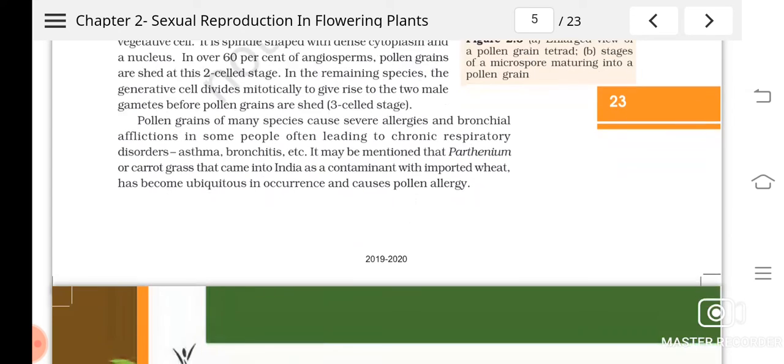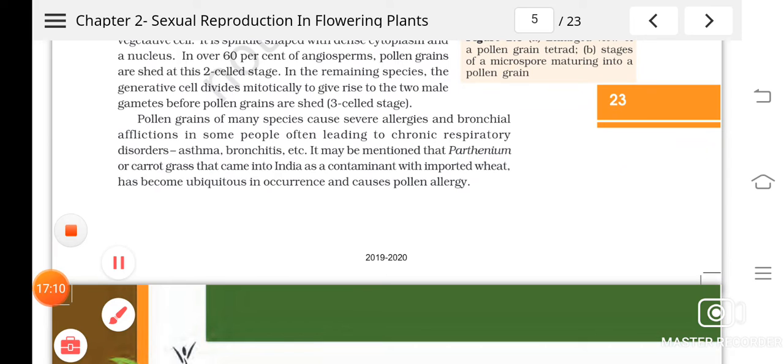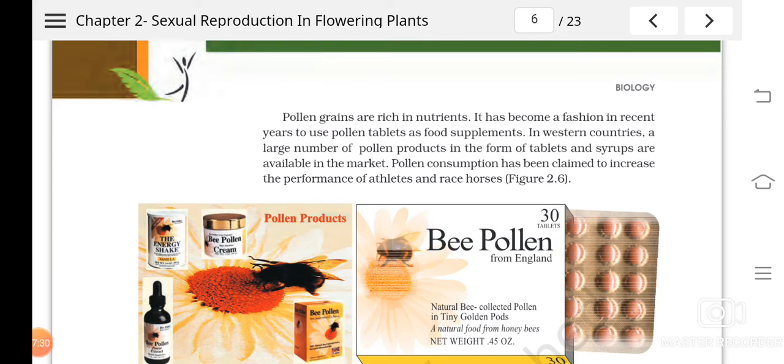So why are pollen grains important? Because pollen grains of most species can produce allergies, allergy disorders like asthma, and can cause respiratory diseases like asthma, bronchitis, etc. Then, pollen grains are very rich in nutrients, so they are used for making food supplements.